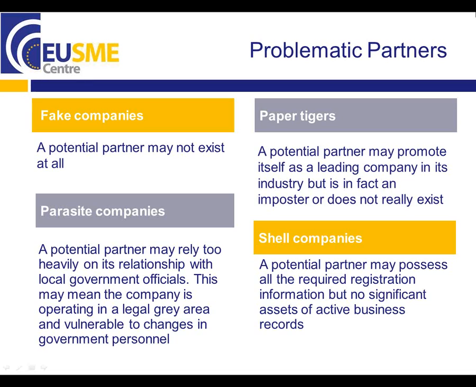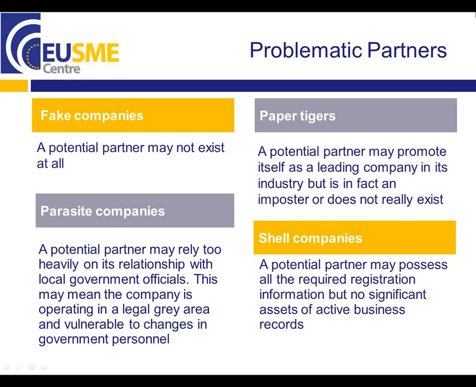The third type of company we call parasite companies. This partner exists as well, but the risk of cooperating with them lies in the fact that they heavily rely on their relationship with local government officials. Once such a relationship breaks up, then the problems start, and it's very difficult to continue a successful business. The fourth type of problematic partner is the shell company.